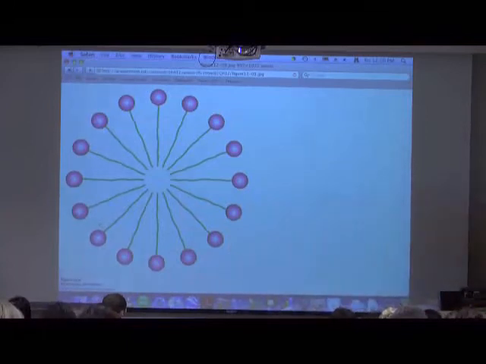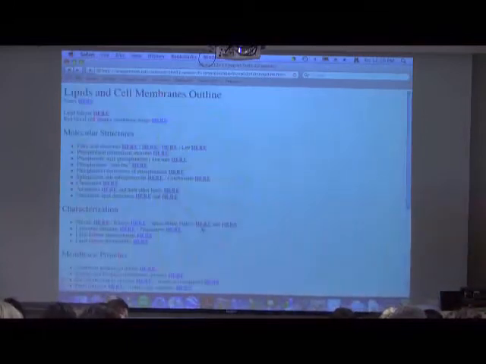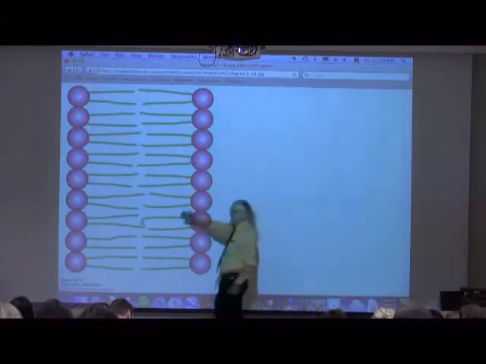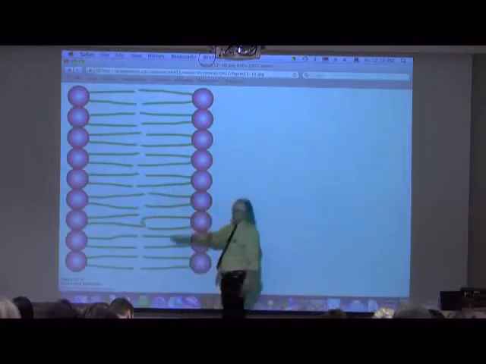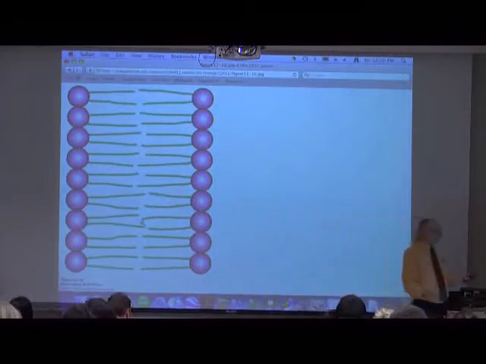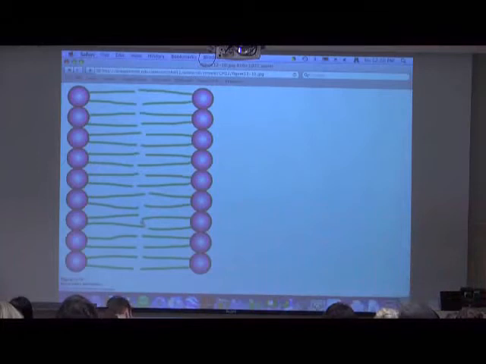So when that happens, these guys can no longer arrange themselves in that spherical structure that we saw before. They arrange themselves into a lipid bilayer. And that formation is actually built into the chemistry of these molecules. They will, all by themselves, assume a lipid bilayer if you mix them together.